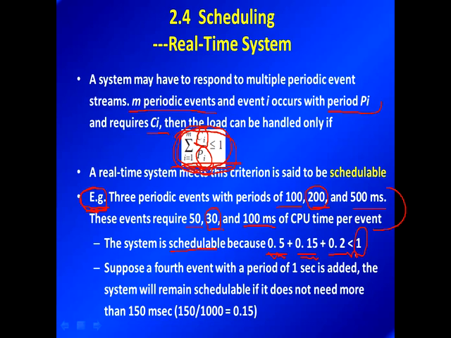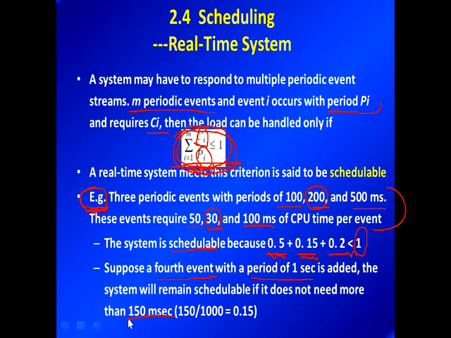3 periodic events. But if we suppose there is a fourth event and its period is 1 second, it means 1000 milliseconds, then the system will remain schedulable if it does not need more than 150 milliseconds to execute its instructions.